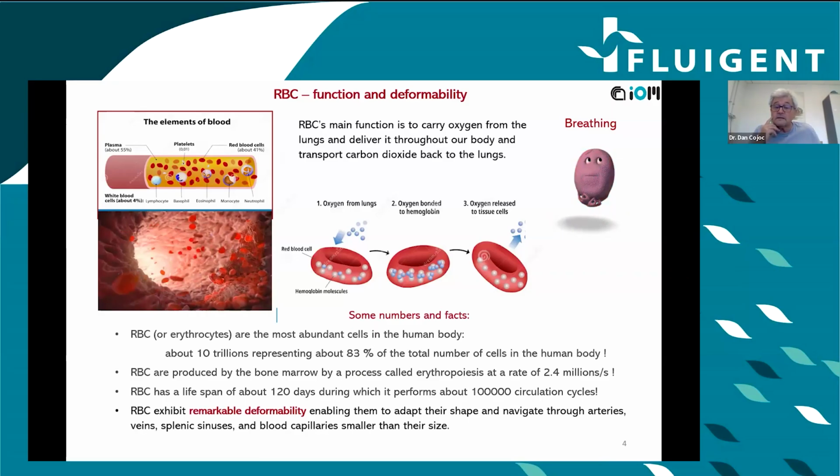Just some numbers and facts for who doesn't know. First, the number of red blood cells in our body is very high. They are about 10 trillion, representing about 83% of the total number of cells in the human body.